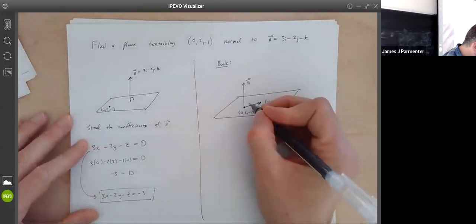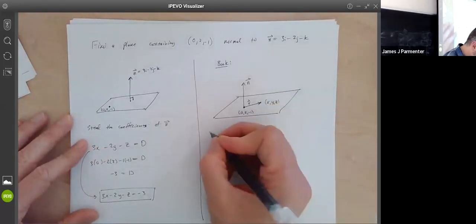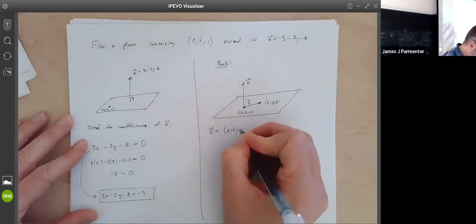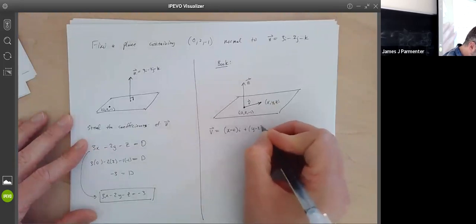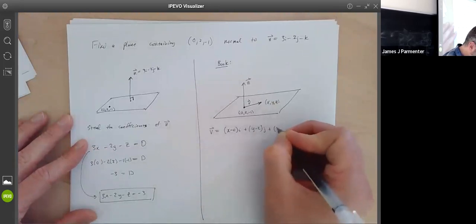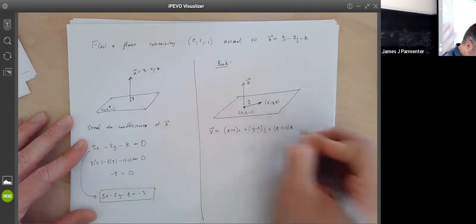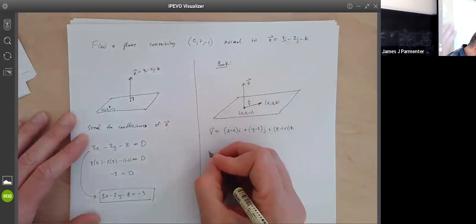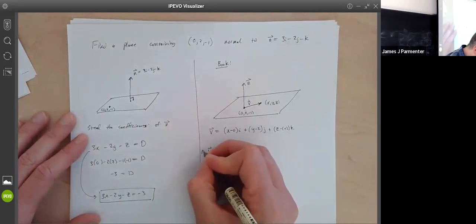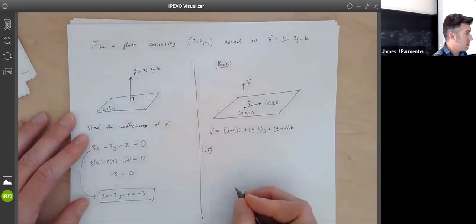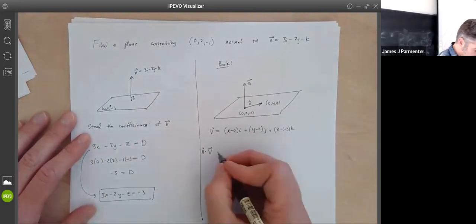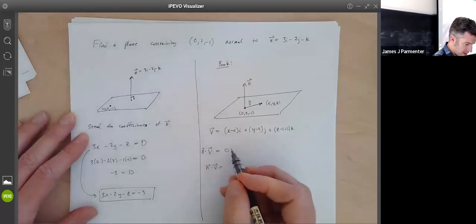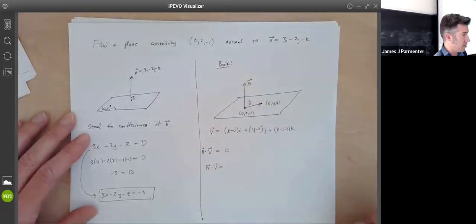This vector, let's call it V. The vector V is x minus 0 times i plus y minus 2 times j plus z minus -1 times k. And we definitely know that n dotted with v should equal 0. But n dotted with v is the components of n times the components of v.